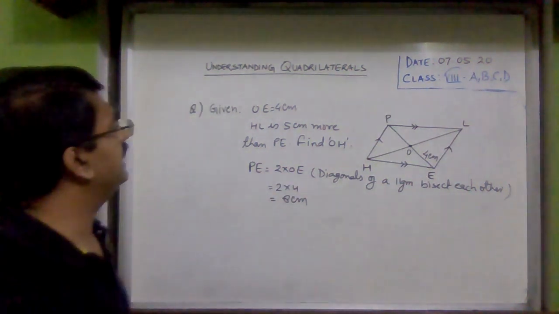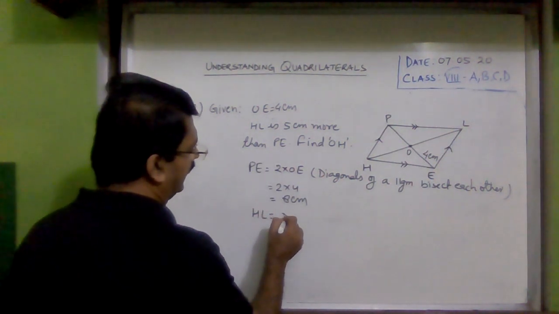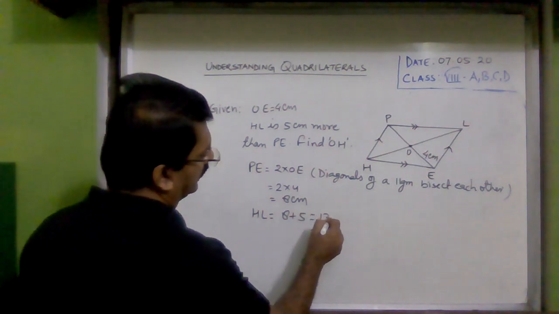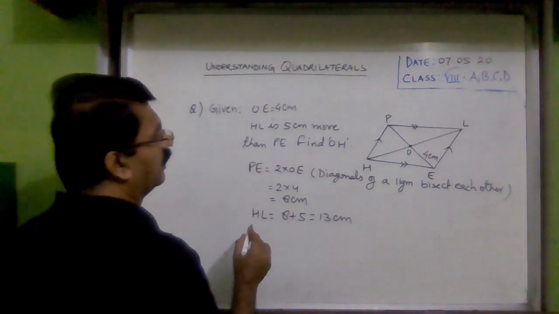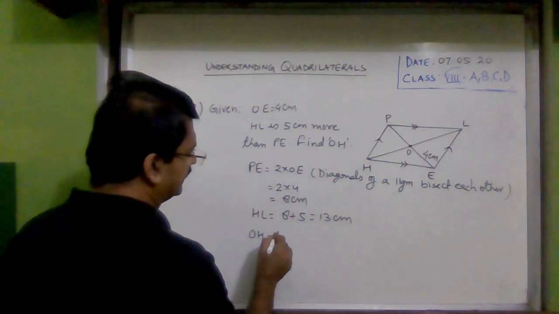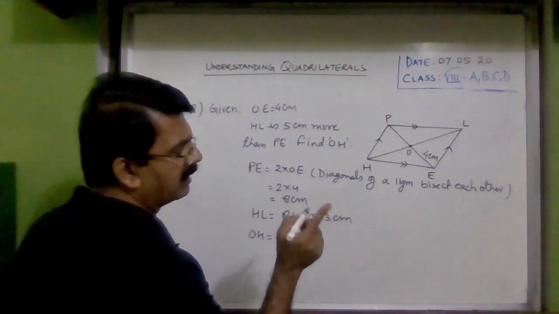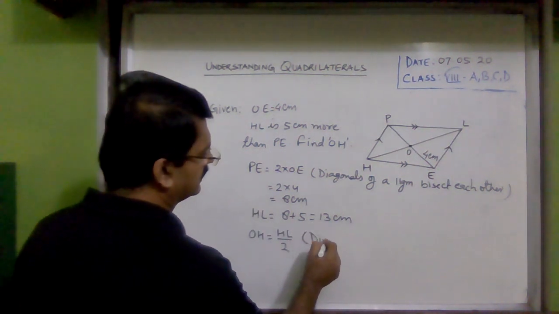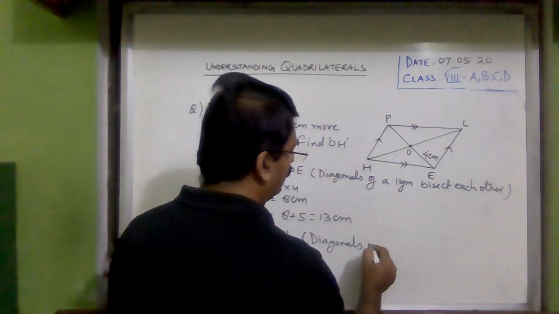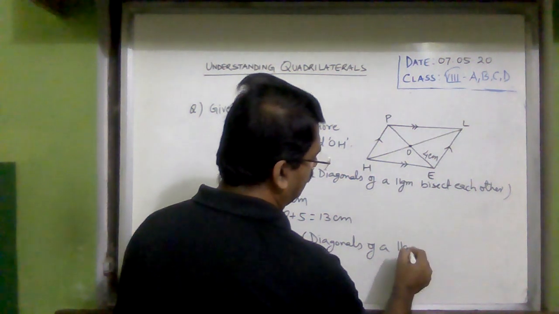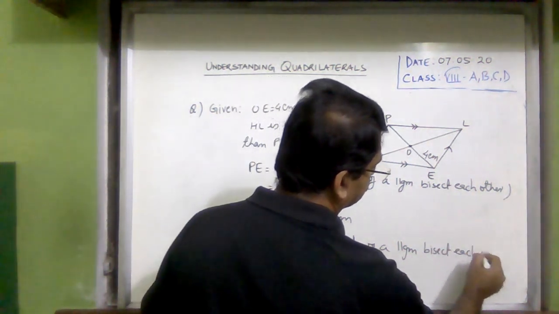Okay. Now they are saying HL is 5 centimeter more than PE. So HL will be equal to 8 plus 5 is equal to 13 centimeter. Now OH is equal to HL upon 2. Once again the same reason, diagonals of a parallelogram bisect each other.